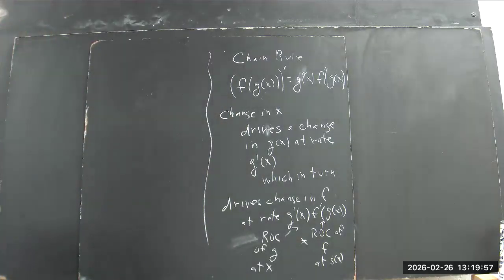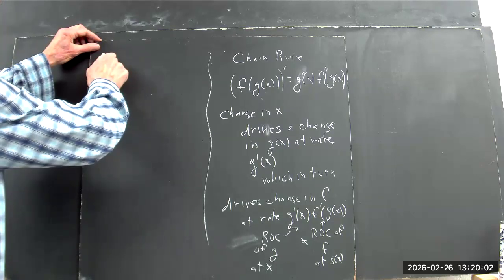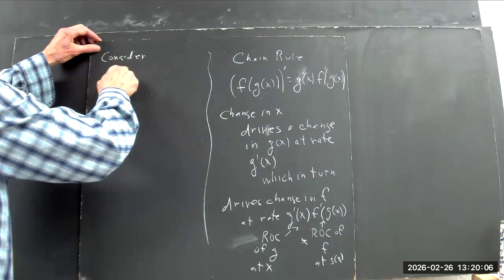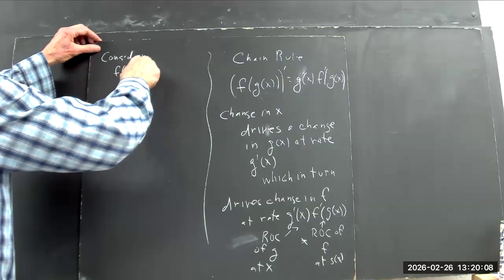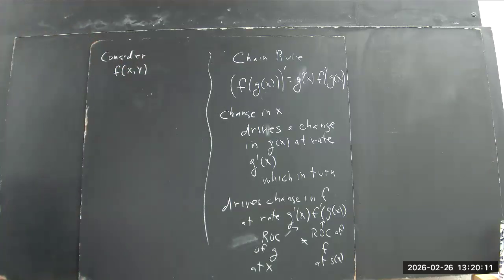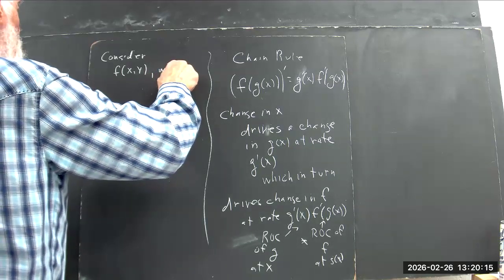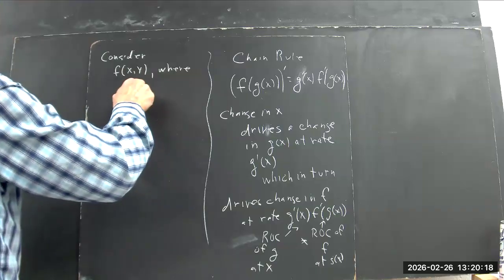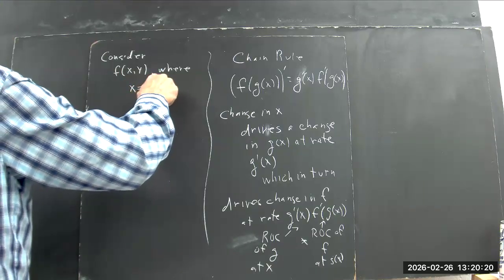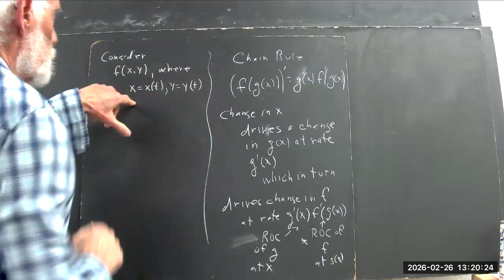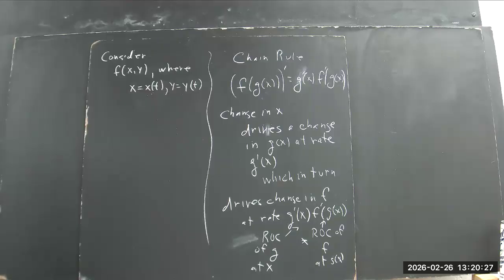Now, consider f of x, y, where x is a function of some parameter t and y is a function of some parameter t.